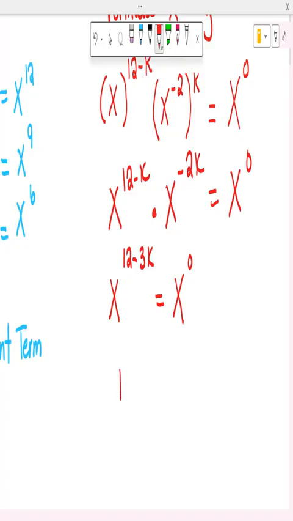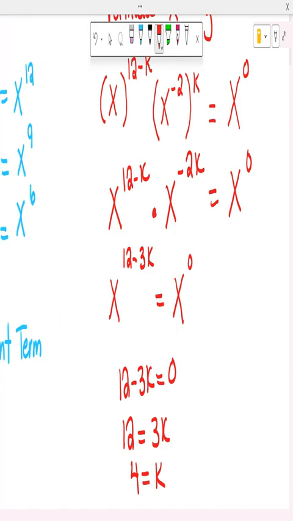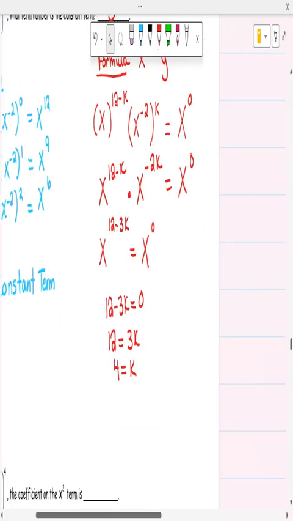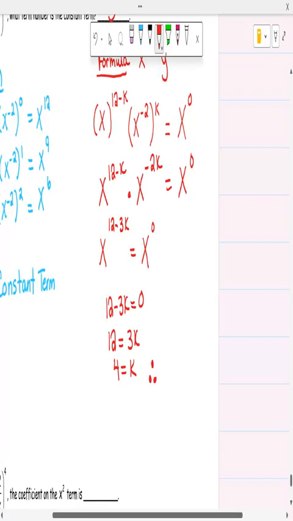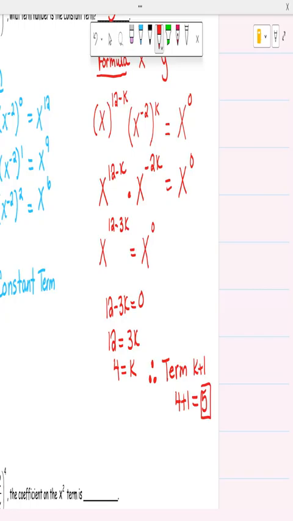So now I have 12 minus 3k equals 0. 12 equals 3k. k equals 4. So again, that wouldn't be your answer though. So since k is 4, therefore it's term 5, because you have to go 4 plus 1 equals 5 from your formula.